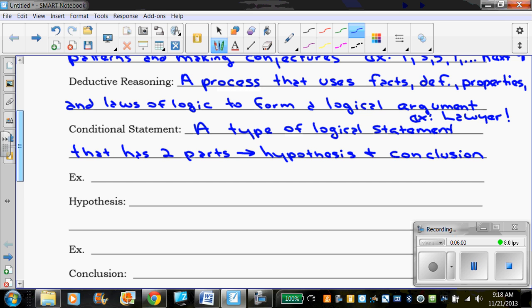Okay, so a conditional statement is a type of logical statement that has two parts, a hypothesis and a conclusion.